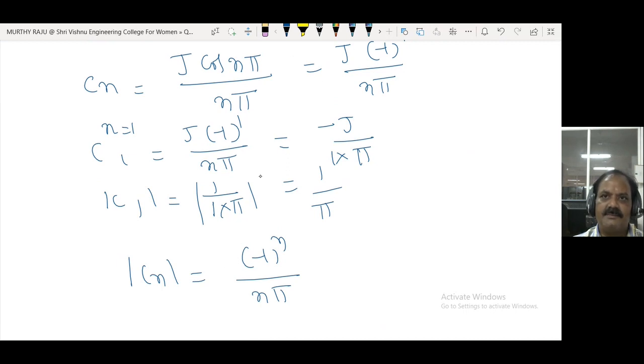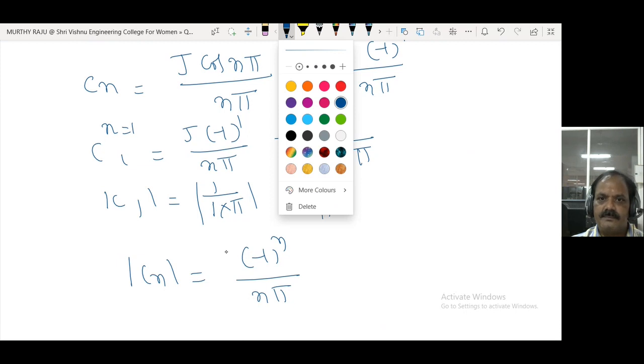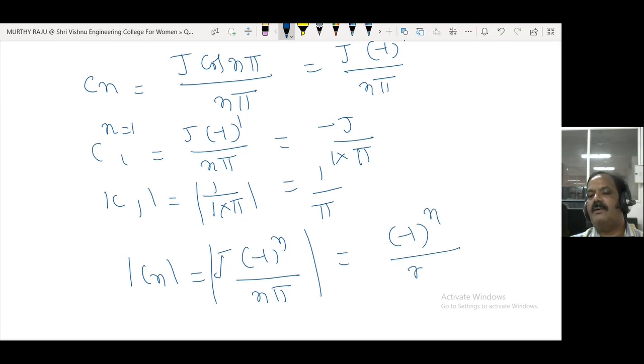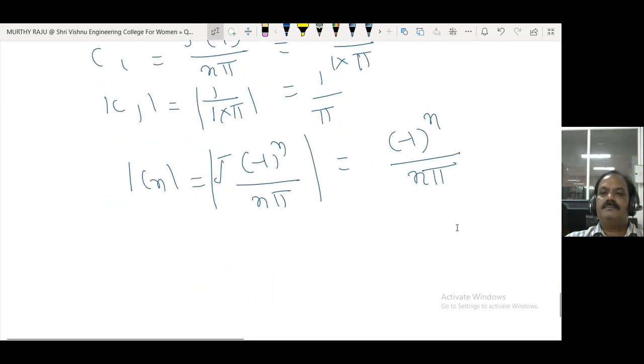Here the j term is a mod, that is equal to minus 1 whole power n into this is the Cn. For n is equal to 1, C1 is equal to minus 1 whole power 1 by 1 pi. That is equal to minus 1 by pi.